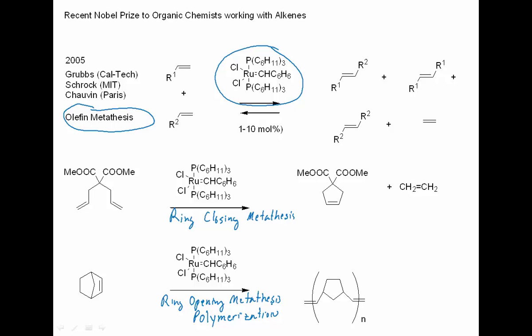This is kind of a small ring with sp2 carbons in it, and when we break the ring and make this compound here, this also has the abbreviation ROMP. There's a tremendous thermodynamic driving force for this process, and this is actually a new way to make polymeric substances.